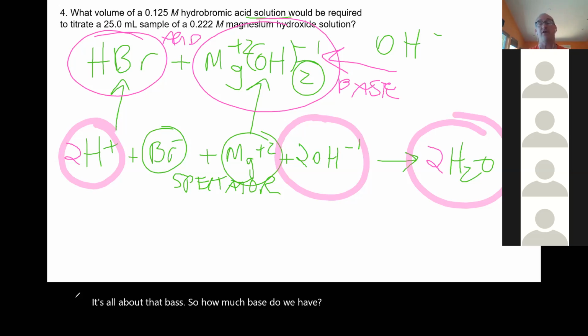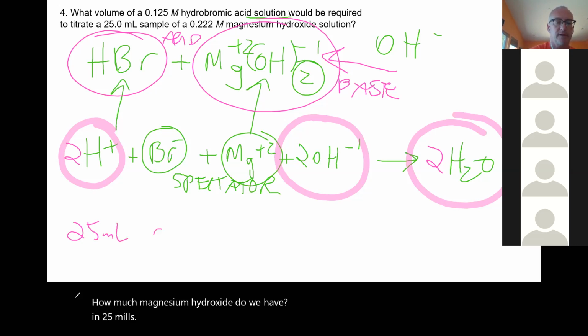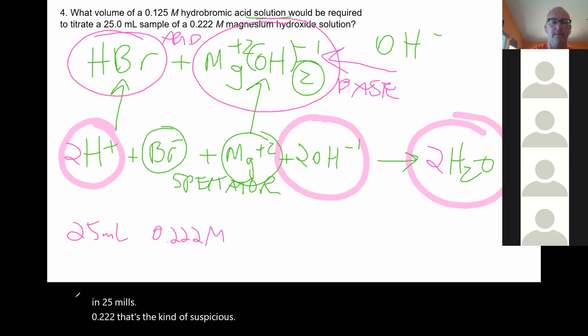How much magnesium hydroxide do we have? 25 milliliters of 0.222 molar magnesium hydroxide.